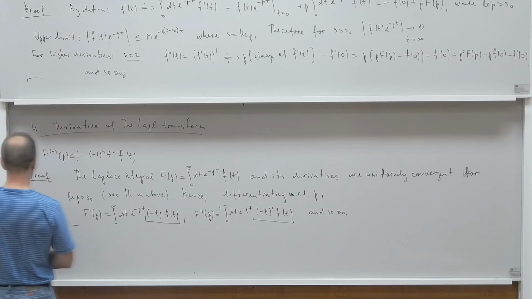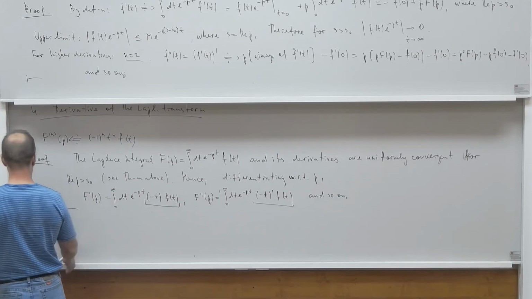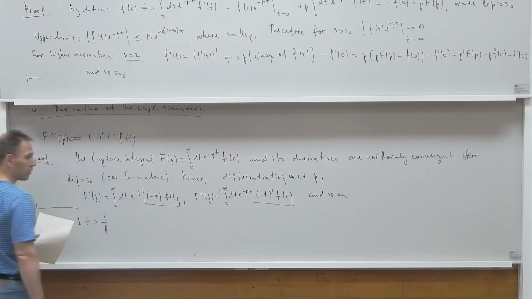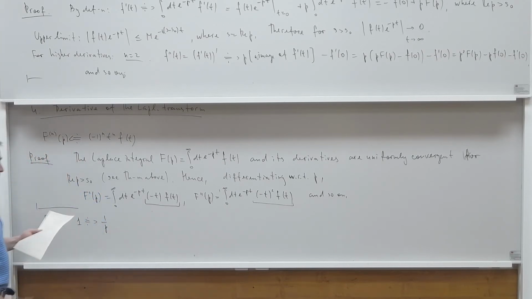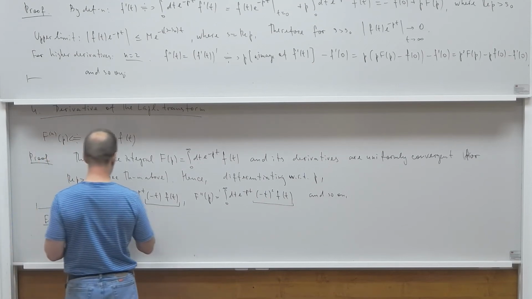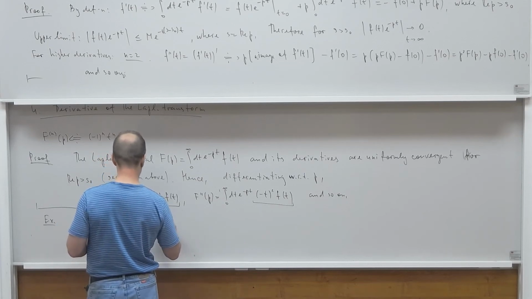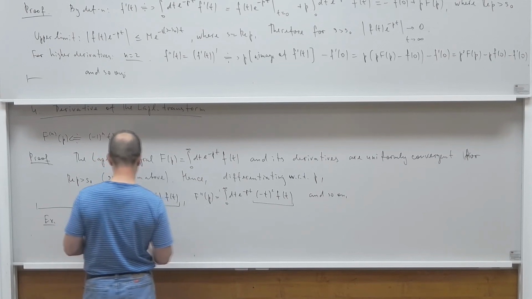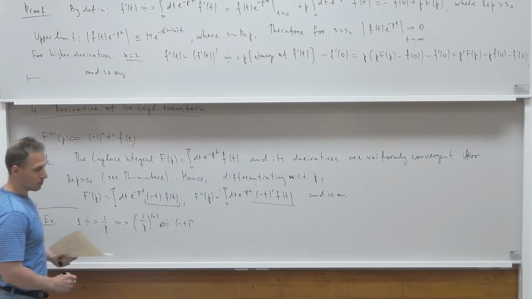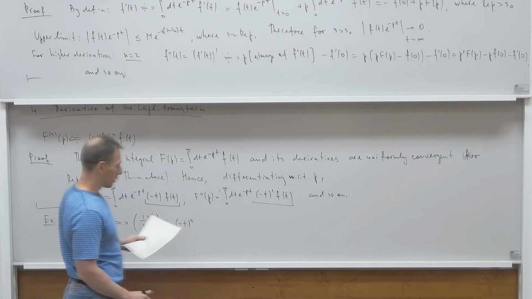Example. We know that the unit step function is Laplace transformed into 1 over p. Then we can differentiate the Laplace image n times, and by using the general formula from this property, we obtain such a relation.